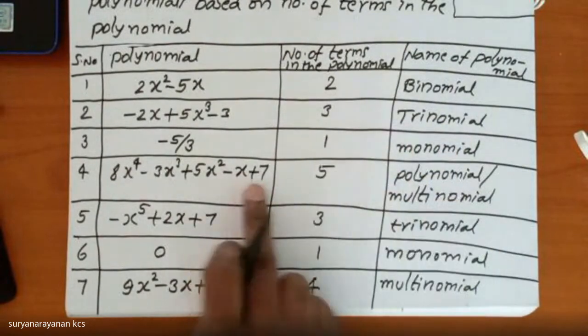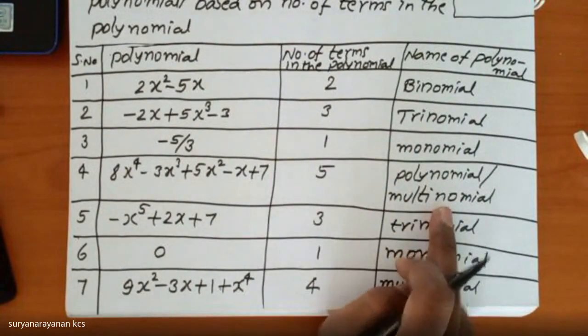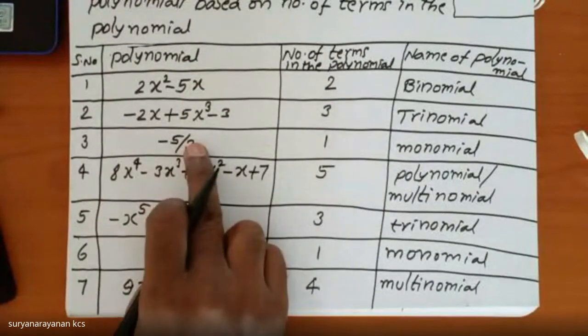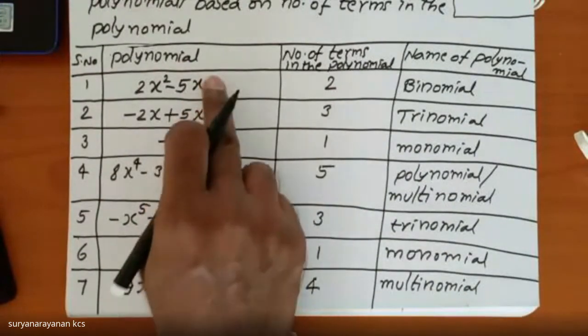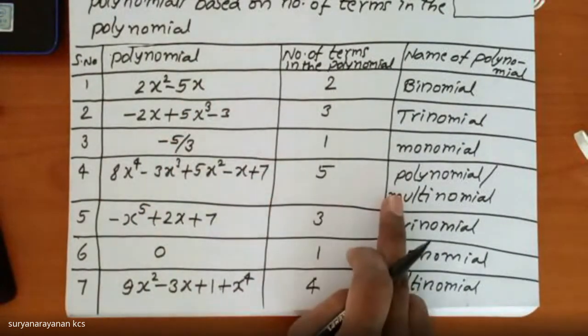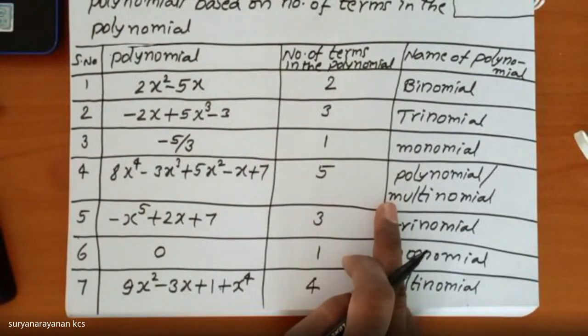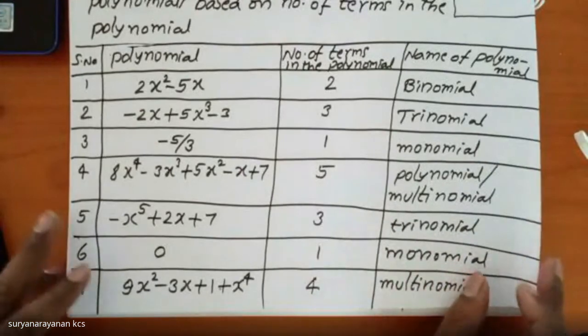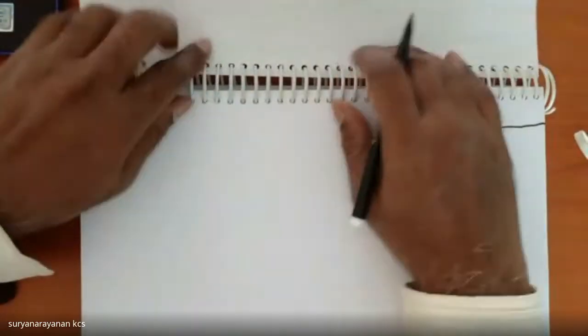So this is called multinomial. If the number of terms is more than 3, then the polynomial is called multinomial. Okay. Now come to the next: based on degree of a polynomial.